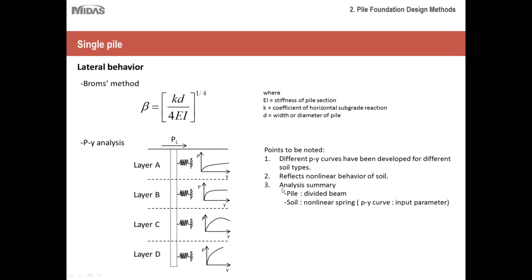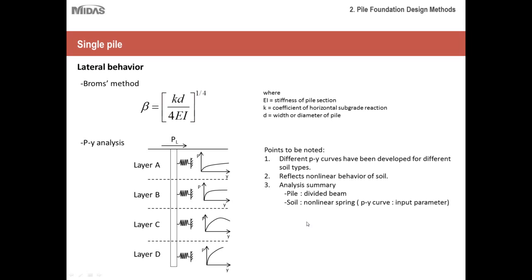So when it comes to performing the analysis, you need two things. First, a pile, which is formed of divided beam elements. So for each layer we have, let's say, beam 1, beam 2, beam 3, or beam A, beam B, beam C, beam D. Then we have soil that is represented with nonlinear springs, where we use the p-y curves as the input parameters.